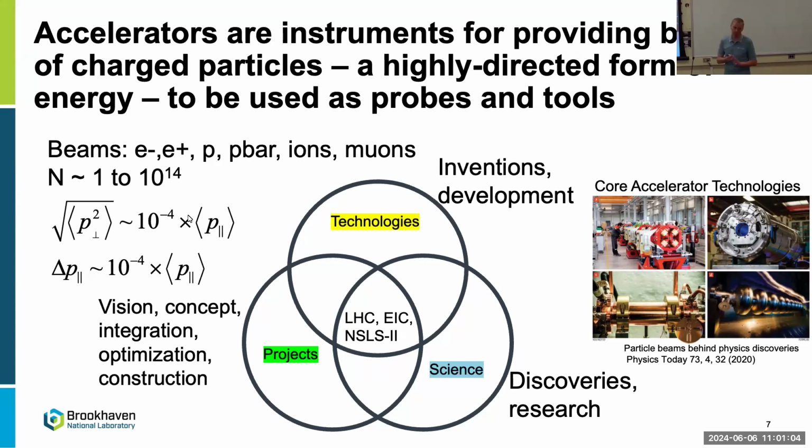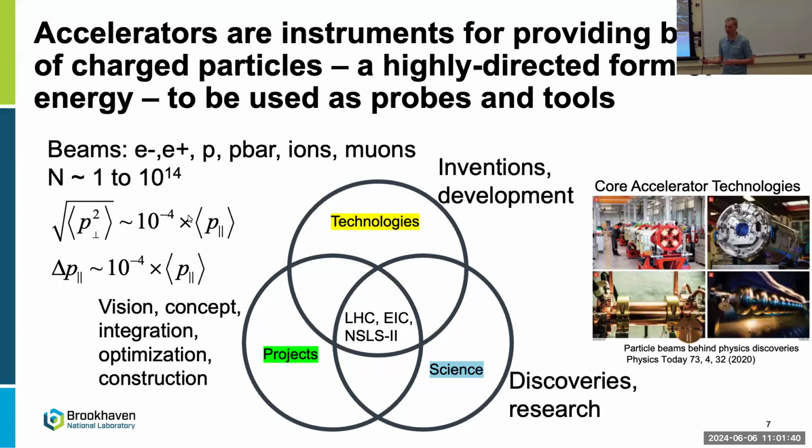It could be unstable, like in the case of muons, or because of the relativistic boost, muons can survive at high energy for quite a while. But the basic reason why accelerators are so important for us as scientists is because they provide you with the probe that has a very highly directed form of energy. So you can use this energy at your choosing.